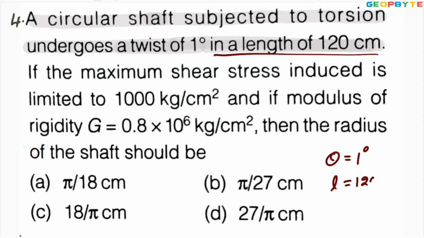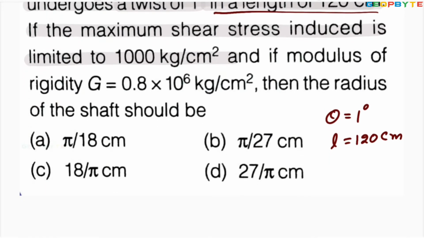The length of the shaft is 120 centimeters. If the maximum shear stress induced is limited to 1000 kg per cm square, that is tau equals 1000 kg per cm square.